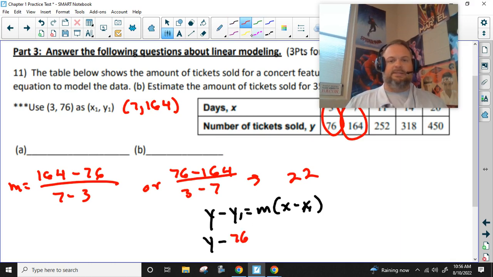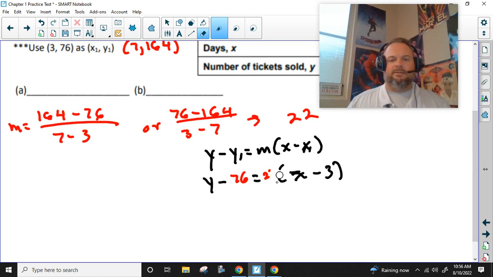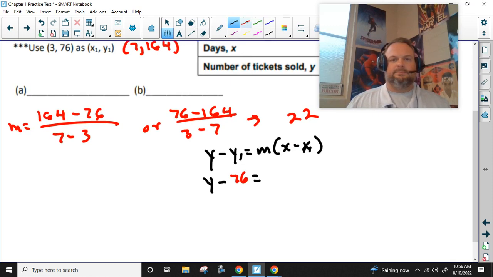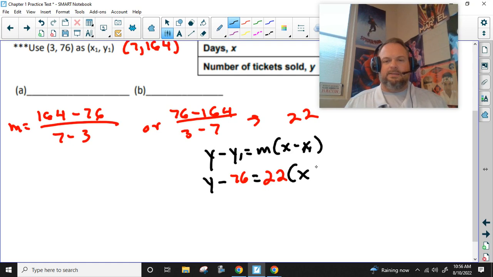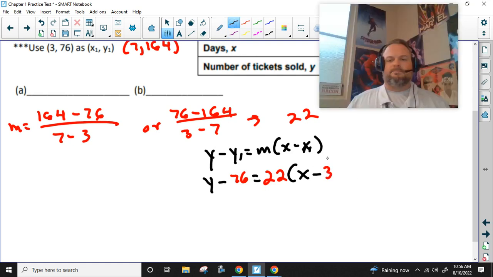This is 76. This is 22. That's not written very well. I'll fix it in a second. Oh, I can't write at all. All right. So let me fix this. Sorry. Third grade handwriting. X minus 3. All right. So we plug that in.